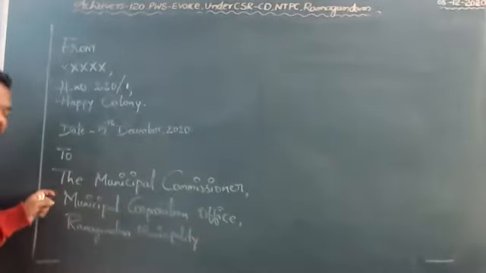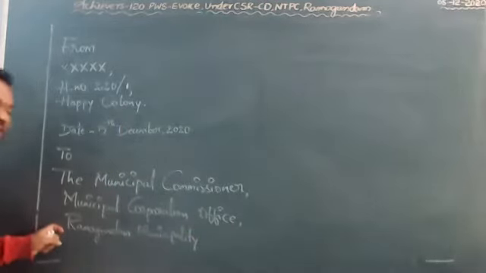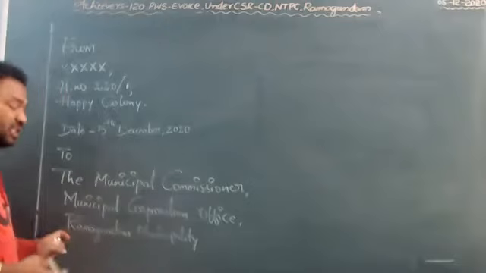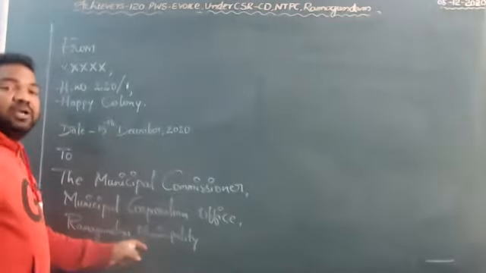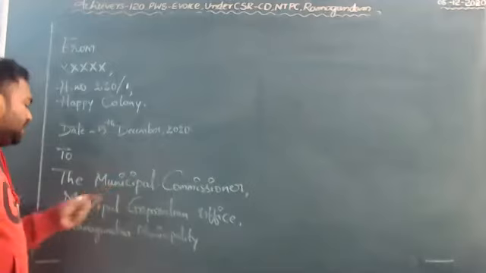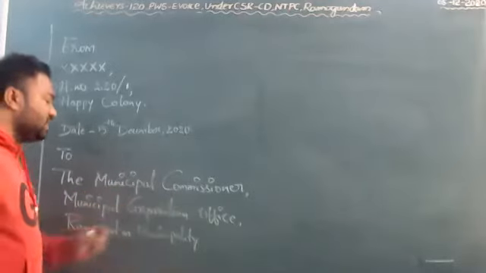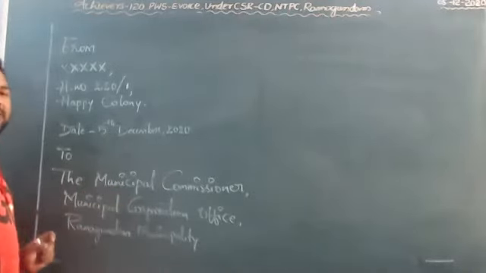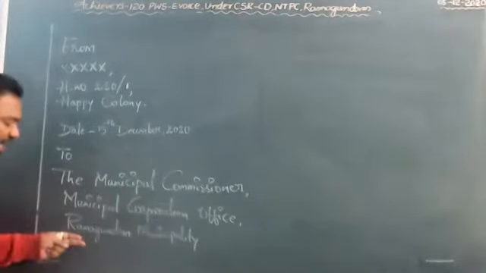This is the office and this is the location. What is this location called? Ramagundam municipality. The municipal commissioner, municipal corporation office, Ramagundam municipality. Next, again you have to leave one line of space here, and you want to write sir.